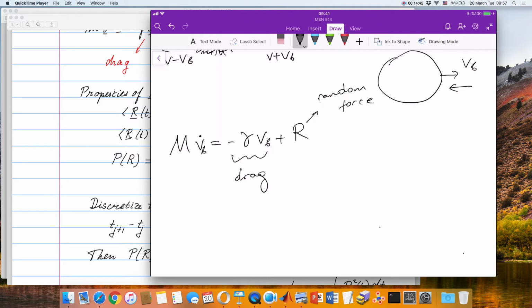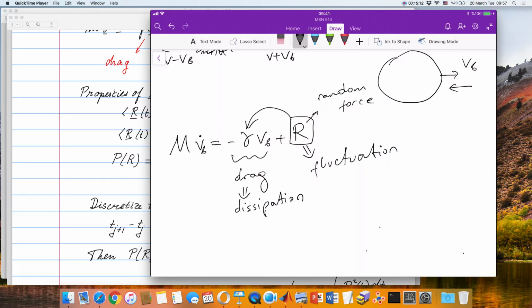So this can be called fluctuation, and this is dissipation. It turns out that the two have some relationship. The size of this force is related to this gamma.